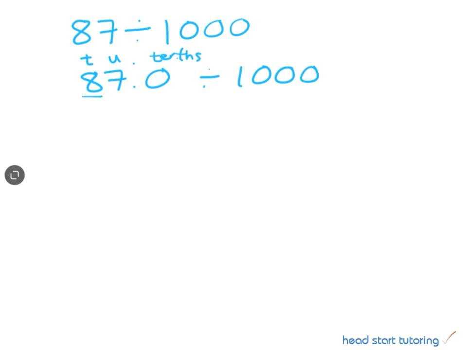And this 8 will now move 1, 2, 3 places to the right. So we've put in our placeholders, and our 7 will move 1, 2, 3 places to the right, and then we can put that 0 at the end, but we don't actually need to. So we end up with an answer of 0.087.